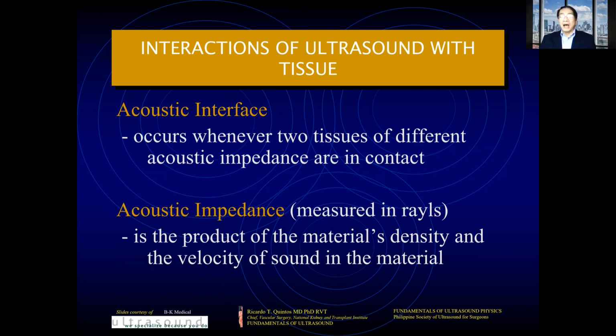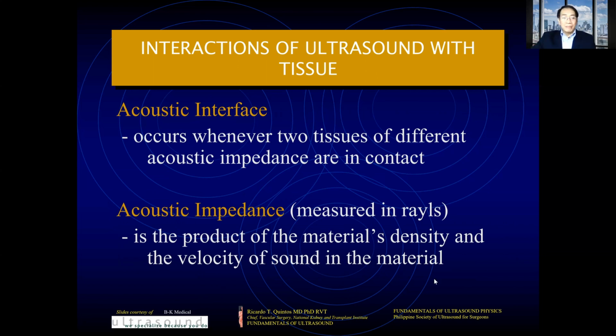Even if there is not an anatomic structure there, the ultrasound waves that are reflected from this contact of two tissues of different acoustic impedances will be seen as an acoustic artifact. And we'll have to understand that these artifacts are sound artifacts and not anatomic artifacts.